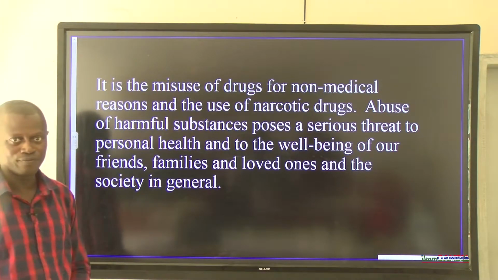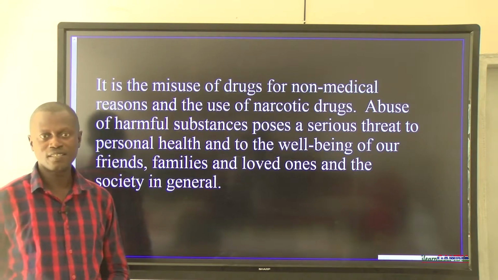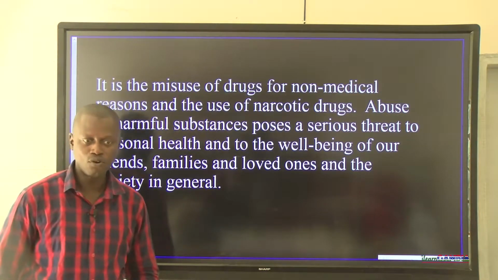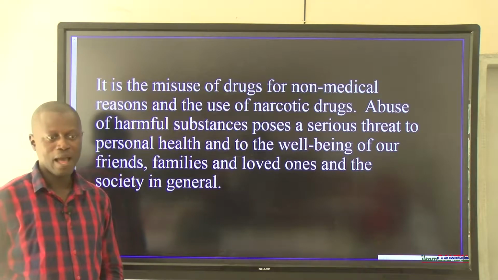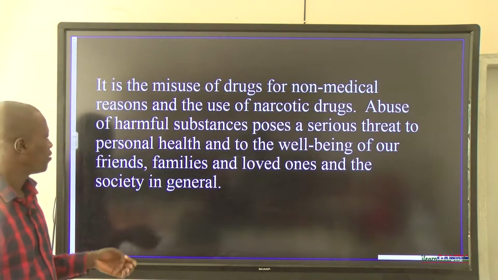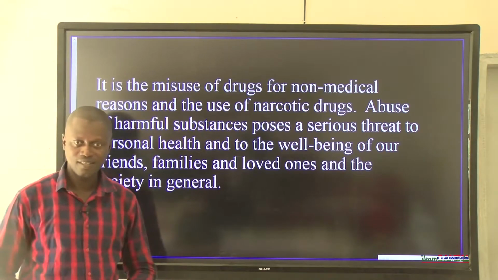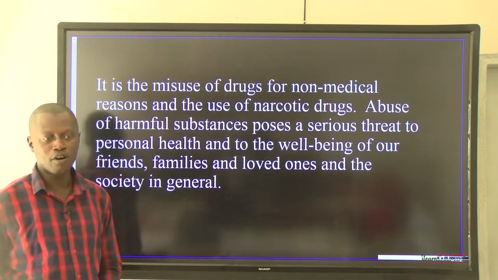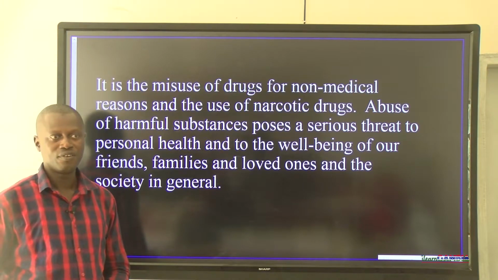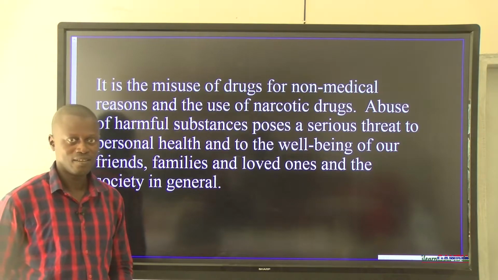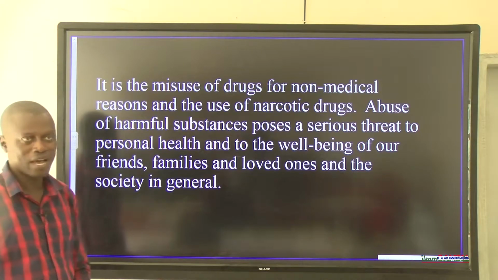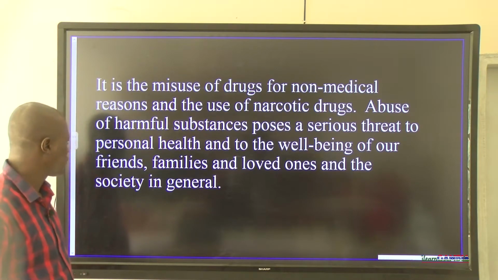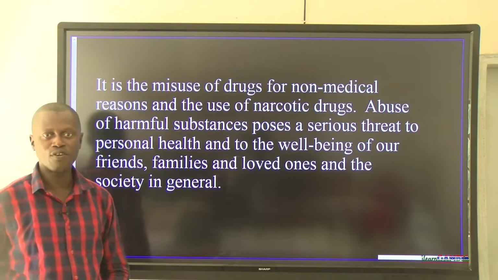It is very true. Substances or drugs abused by the youngsters, the elderly, be it any class of people in the society, have a negative impact on the abuser or the user.